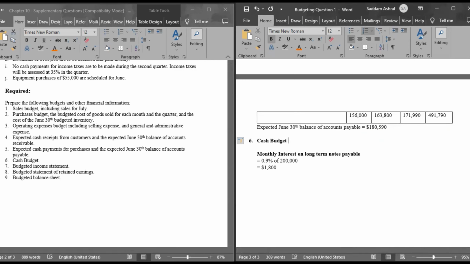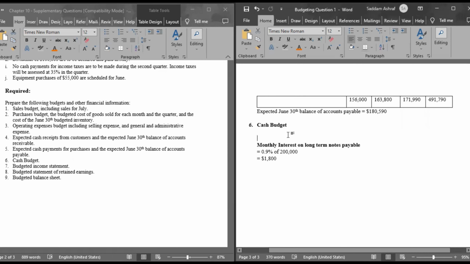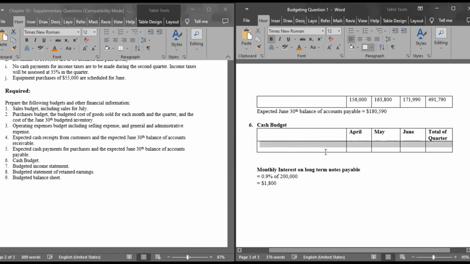So next is the cash budget. We will also prepare the cash budget for all months. In the cash budget, the first amount we need to place is the beginning balance.